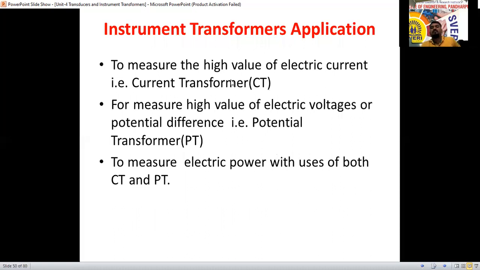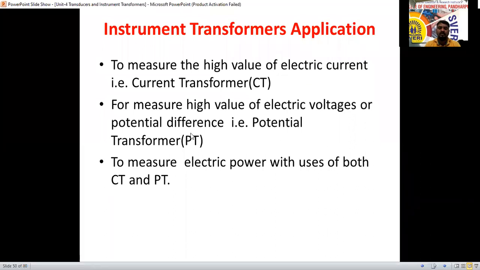Some applications of instrument transformers: to measure the high value of electric current, we use current transformers. For the measurement of high voltage, or potential difference, we use potential transformers. To measure electrical power, we use both CT and PT. One gives the current value, the other gives the voltage value.